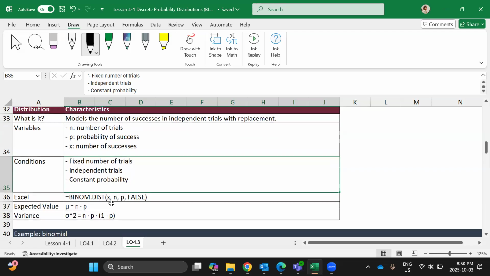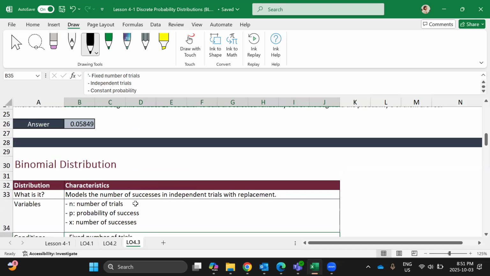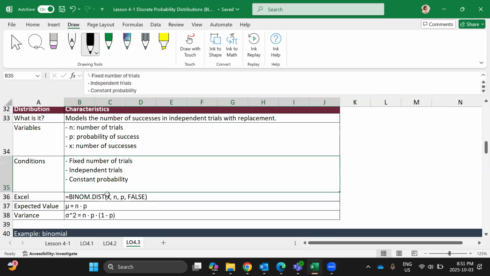Just like in Excel, you had hypgeom.dist for the hypergeometric. In Excel for the binomial, there's a function called binom.dist that takes the 3 variables that you need for the binomial distribution. The number of successes you're looking for, the total number of picks, and the probability of a success.